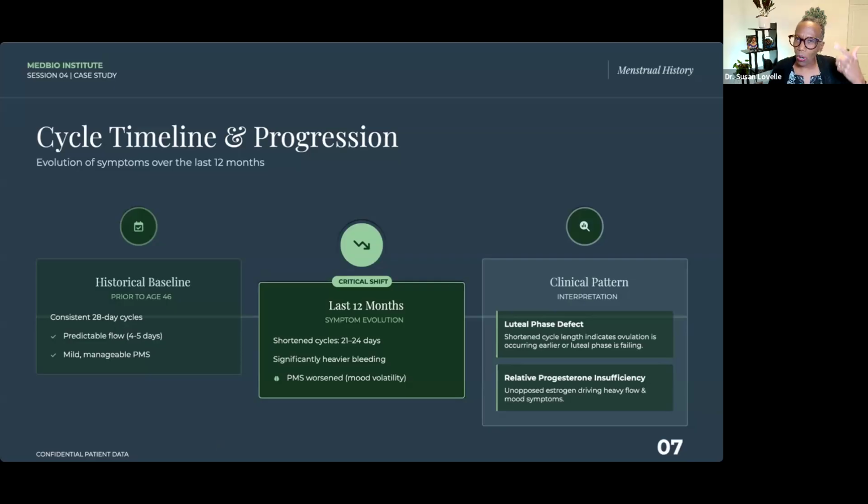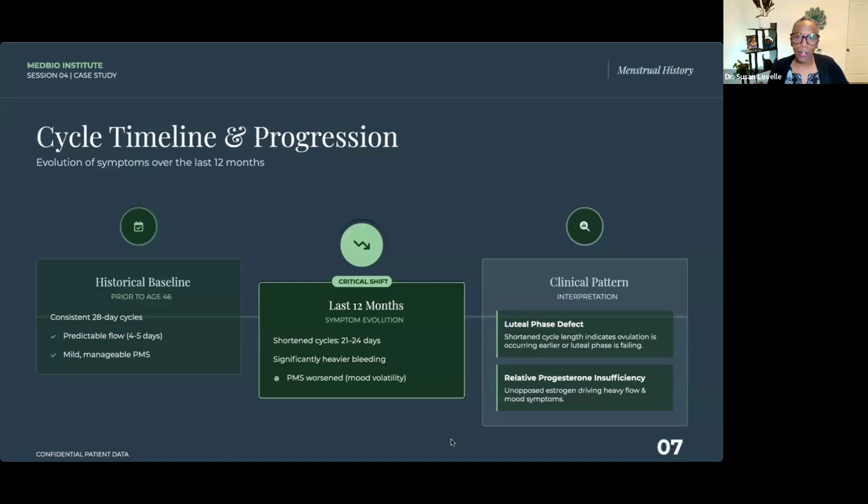So now we know that's one of the first signs of perimenopause, a diagnosis of perimenopause in women over 45, when that cycle really starts shifting, right? Either longer or shorter or irregular, whatever it might be. So now she's got shortened cycles, 21 to 24 days, heavier, much heavier bleeding.